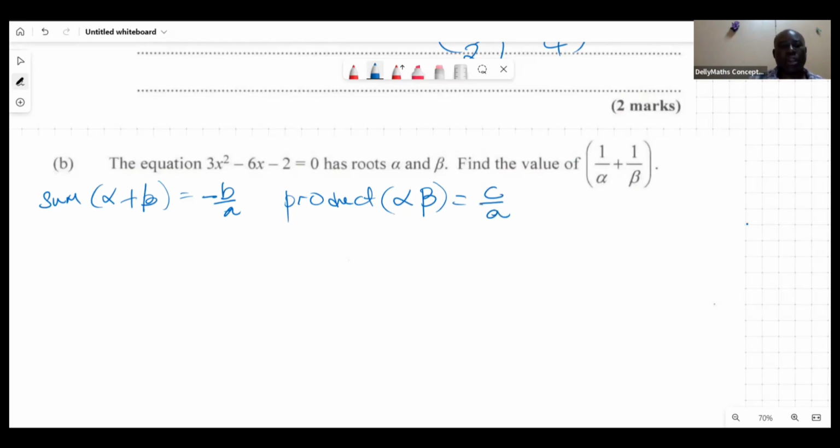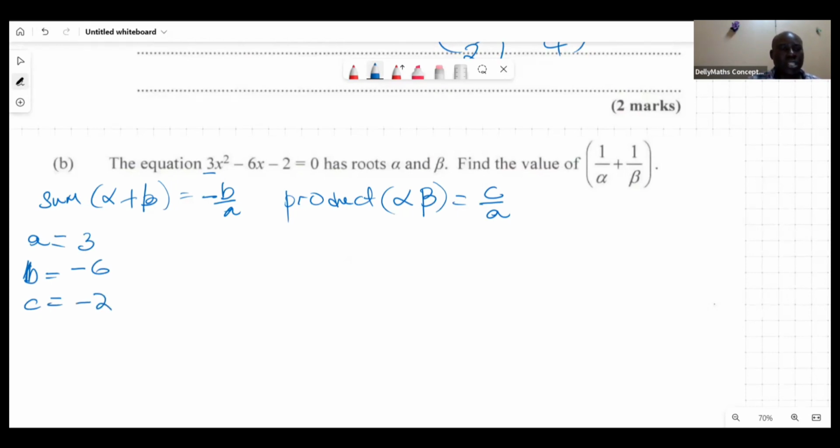So what we're going to do first is simply write down what is a, what is b, what is c. A is the coefficient of the x squared, it's positive 3. B is the coefficient of the x, and it's negative 6. And c is a constant value right there, it's negative 2.